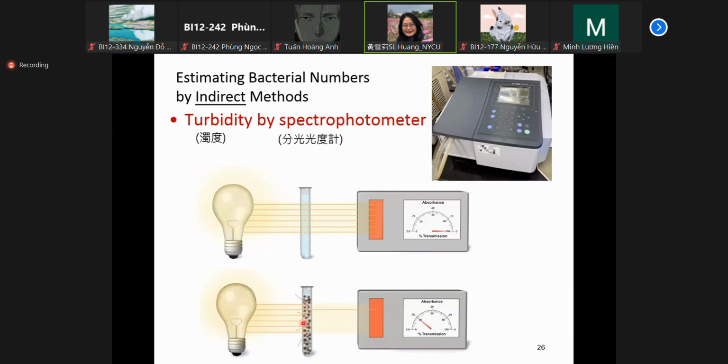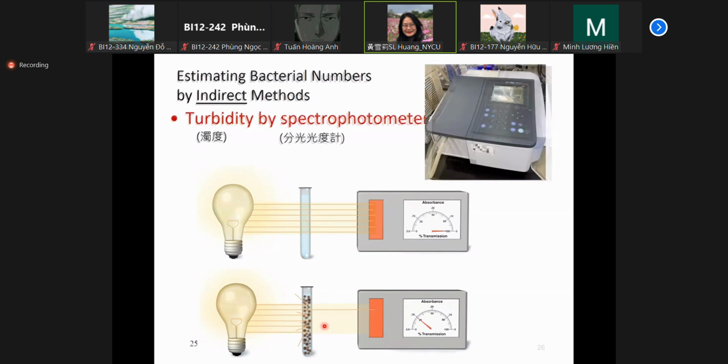During bacterial growth, the turbidity increases, so the transmitted light will decrease. So we use this as an indirect method to measure the cell growth. Okay, so now I have introduced two commonly used methods to measure bacterial growth.